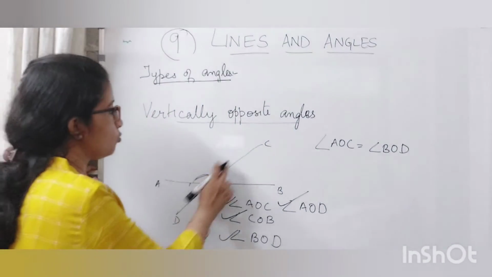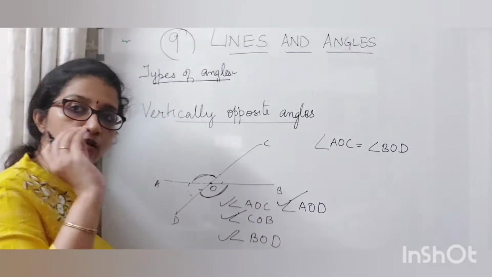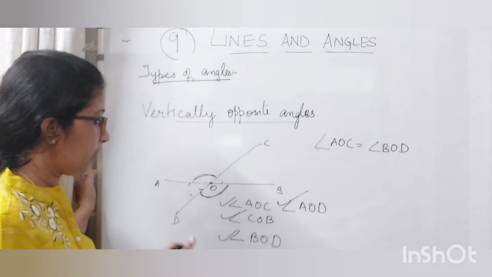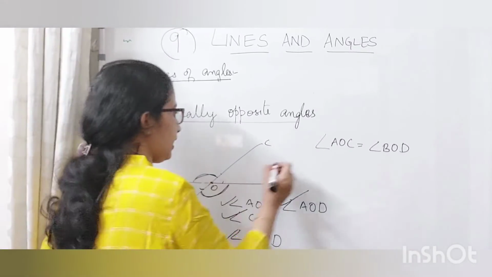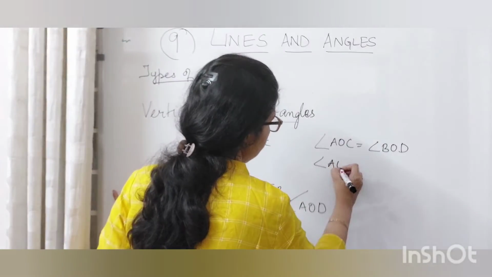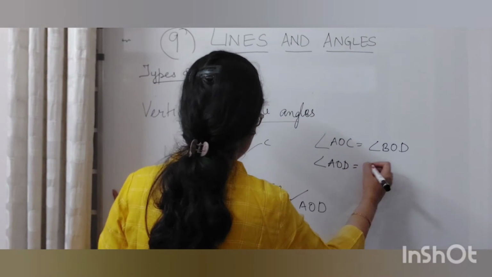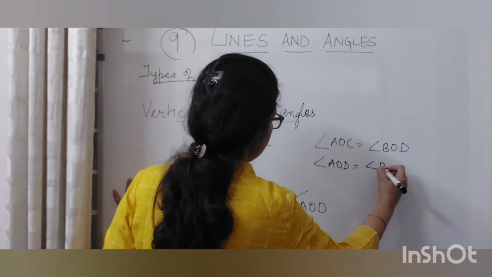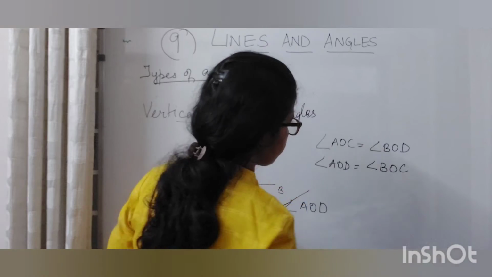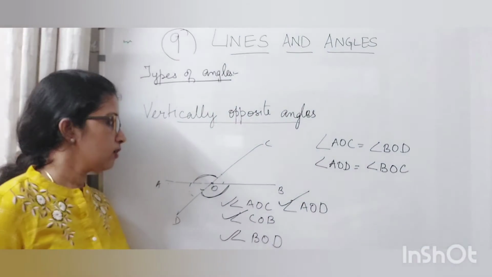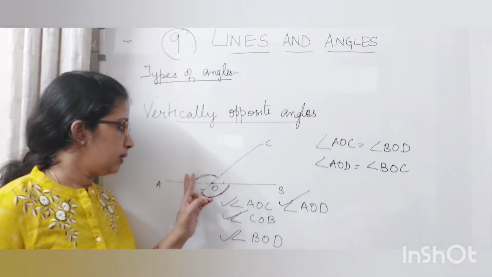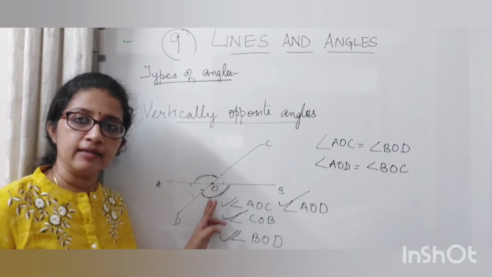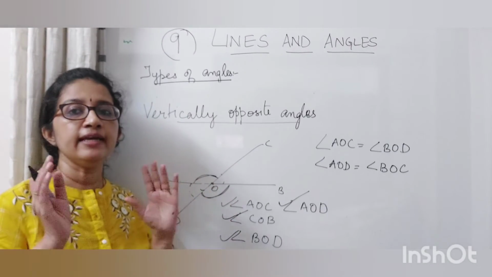So these 2 angles will always be equal. Now what is the other pair? Angle AOD is equivalent to angle BOC. So the vertically opposite angles will always be equal.